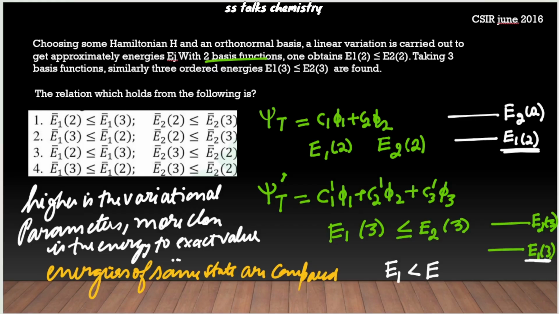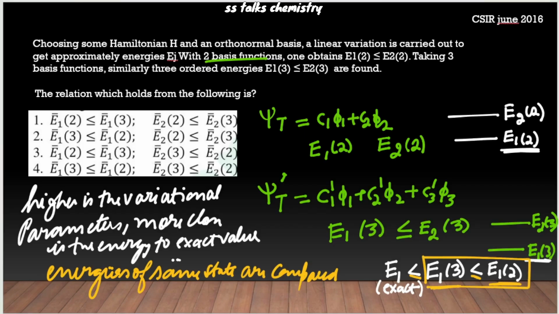The one with three basis functions will be slightly close to the exact, and the maximum will be the one with two basis functions. So for the ground state, the energy with three basis functions is less than or equal to the one with two basis functions. This relationship will hold.